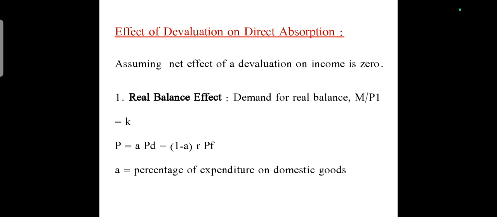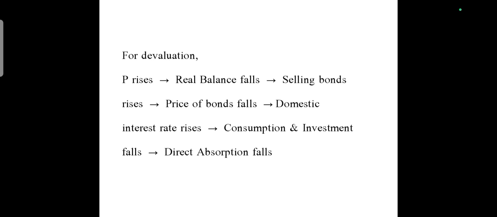Here PD indicates the price of domestic goods, and PF indicates the price of foreign imports, and A is the percentage of expenditure on domestic goods. For devaluation, the price level rises, which leads to a fall in the real balance as the purchasing power of the consumers falls.